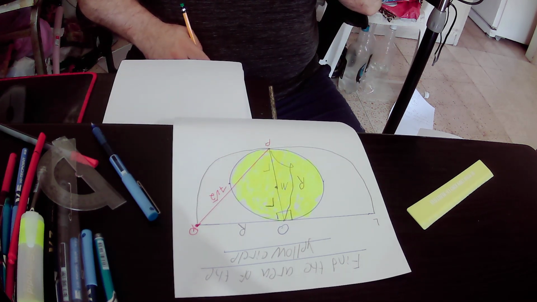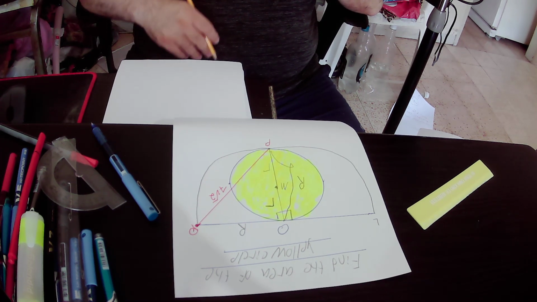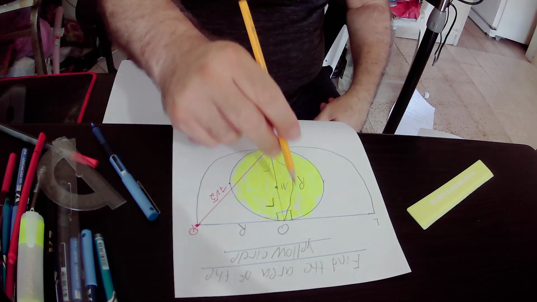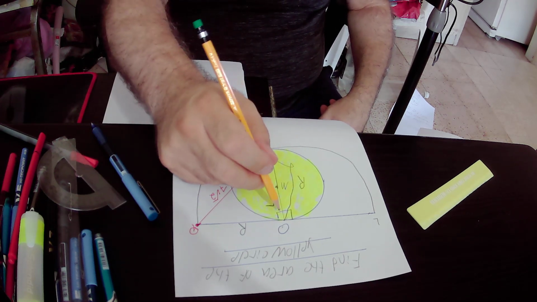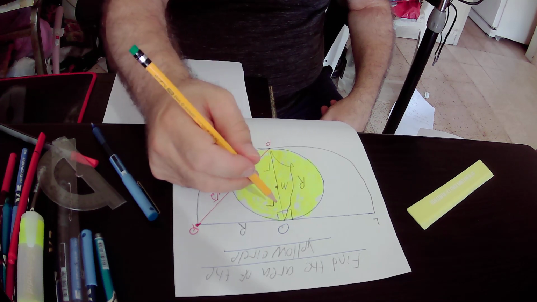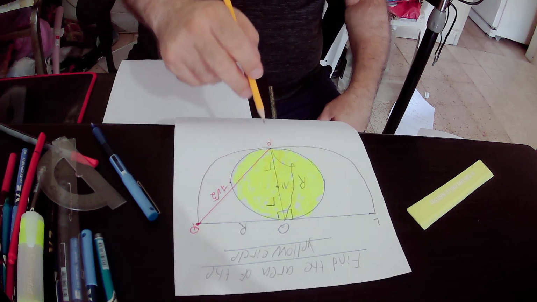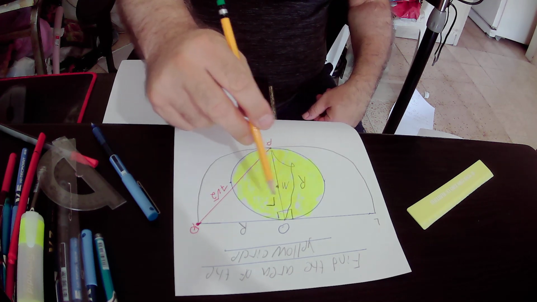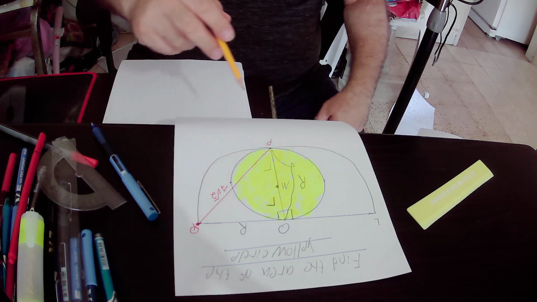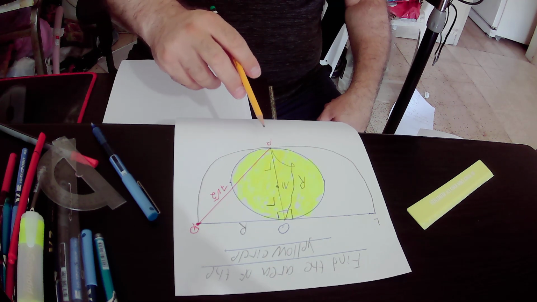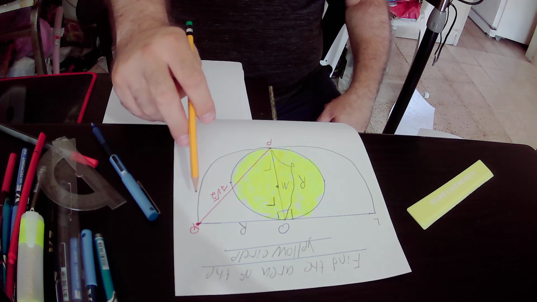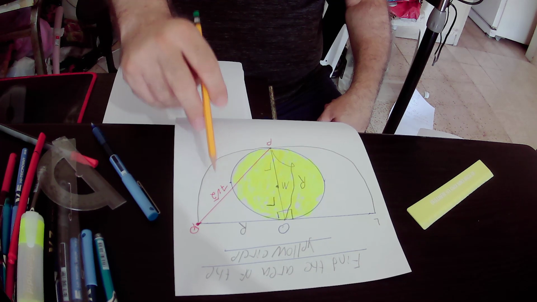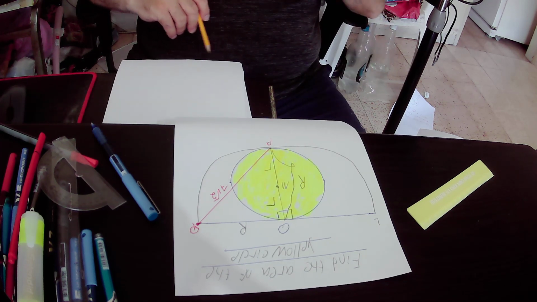So as you can see in the drawing, we have right triangle POQ, because this angle equals 90 degrees, and we know that PO equals capital R, we know that OQ equals capital R, and we also know that the hypotenuse of this right triangle equals 7 times root 2.